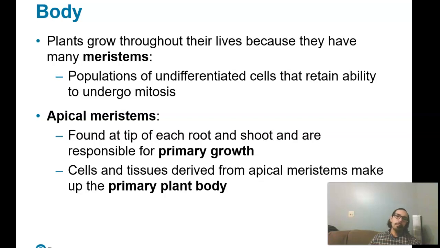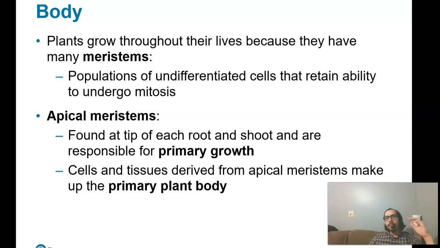So primary growth allows plants to extend in length. Okay? So because plants grow throughout their lives, they have to have these meristems. And meristems are populations of undifferentiated cells that retain the ability to undergo mitosis.